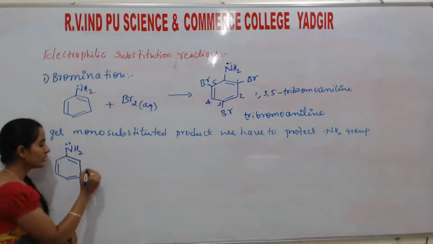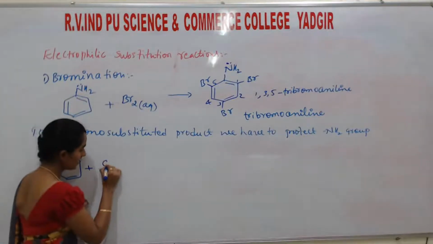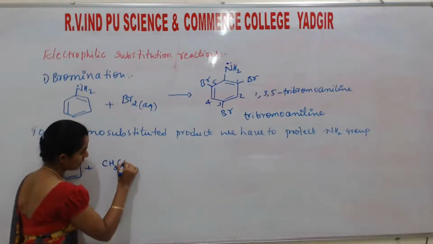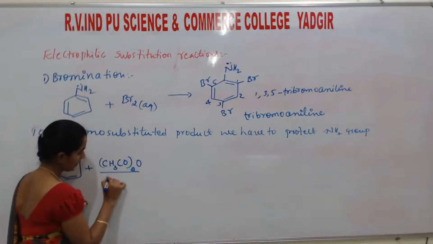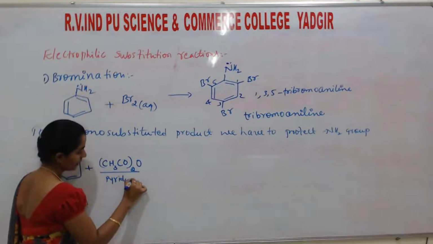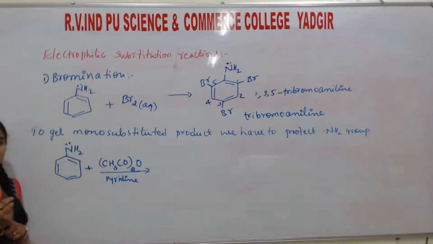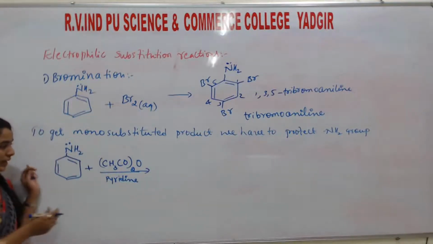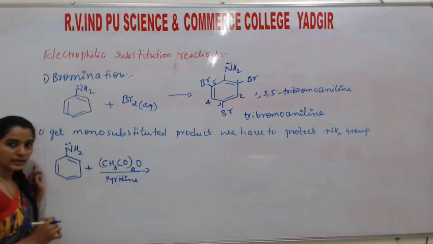Understand? To protect this NH2 group, we are adding acetic anhydride in the presence of pyridine as a solvent. Understand students? So we are adding CH3CO twice O, with pyridine as a solvent.